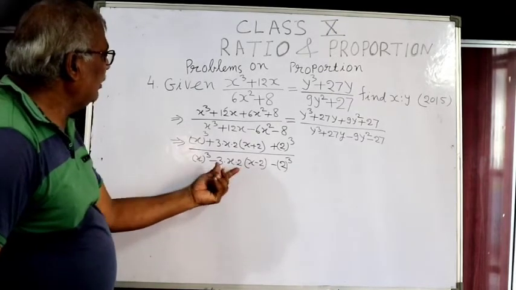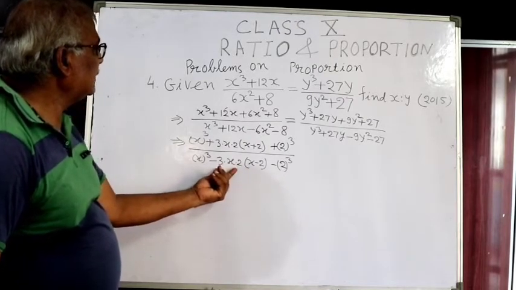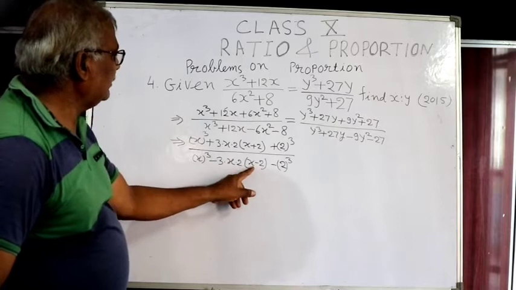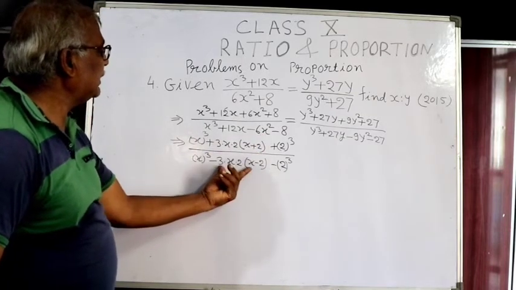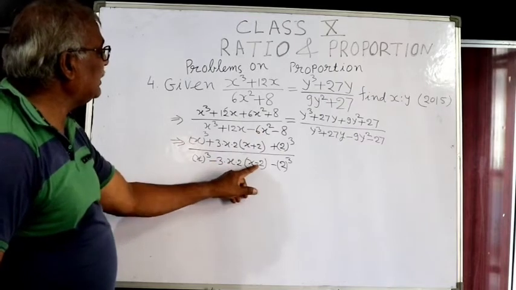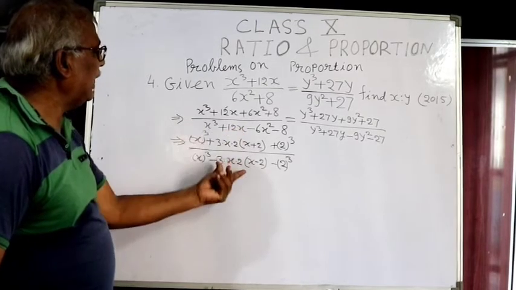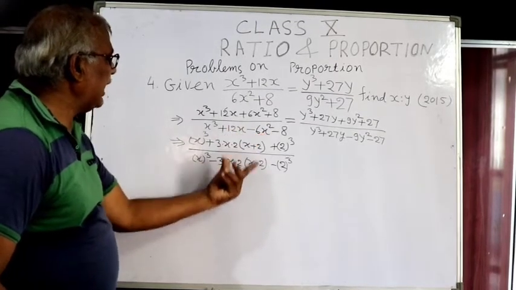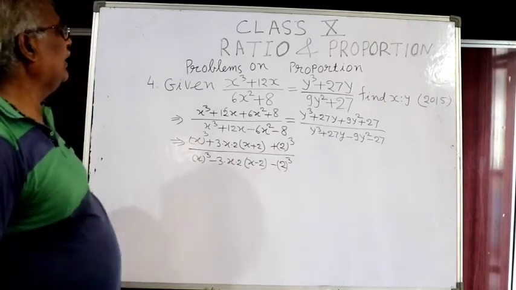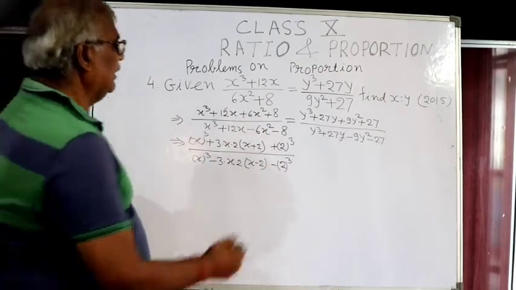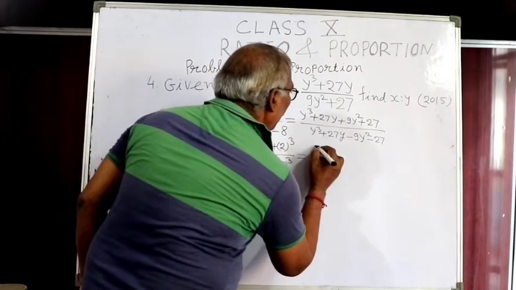Here we see 6x into x is equal to minus 6x square. We get minus 6x square. Minus into minus is equal to plus, and 6x into 2 we get 12x. These terms can be written as this, and this is x minus 2 whole cube. It is factorized.